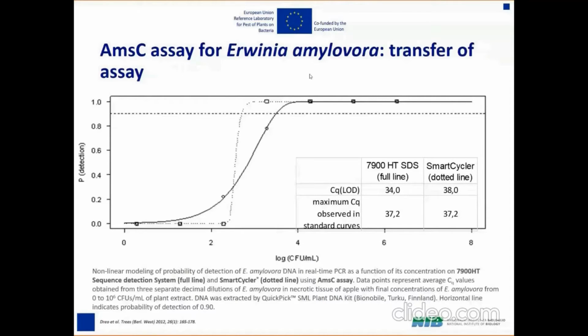Another example is transferring of an assay, for example, from the 7900 SDS instrument at the time to Smart Cycler, which is depicted by dotted lines. And some of you may be familiar with Smart Cycler. It enables higher volumes of sample to be analyzed.